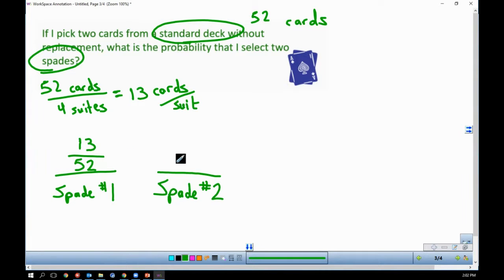Now, I drew 1 spade out. How many spades would be left? 12. How many cards are left now? Multiply these together and they get you your probability of drawing 2 spades.